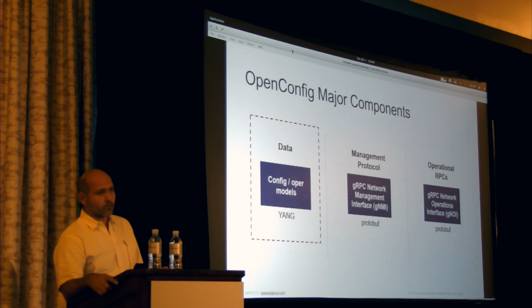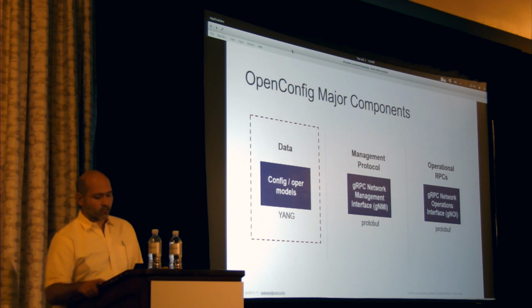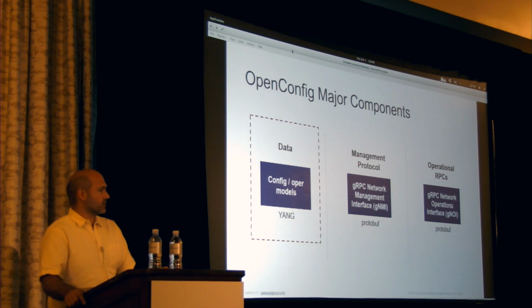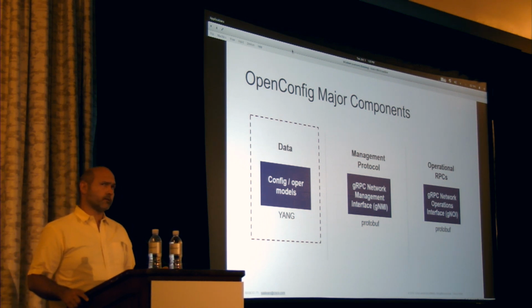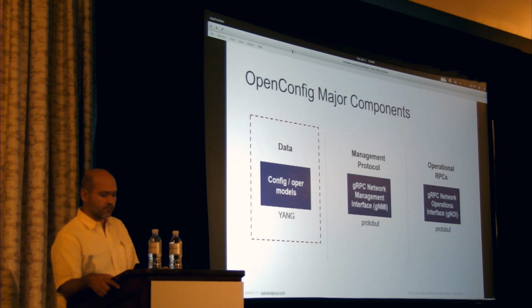However, the OpenConfig group is also trying to define their own management interface, their own management protocol. gNMI, or gRPC Network Management Interface, is the set of specifications that they released. I think that happened, if I remember correctly, earlier this year, maybe late last year, I don't remember exactly. And more recently, they also produced a set of operational RPCs.